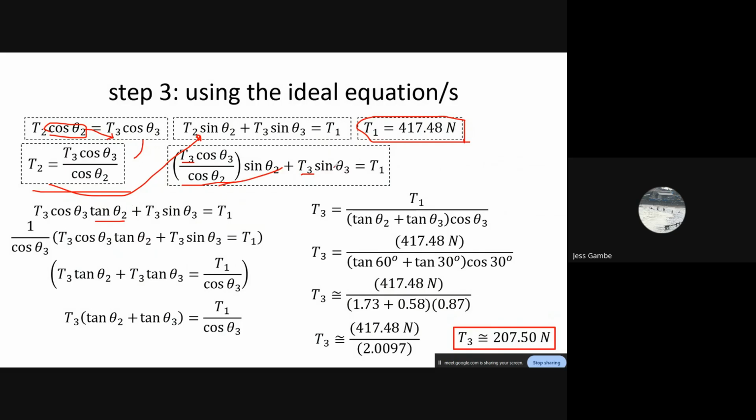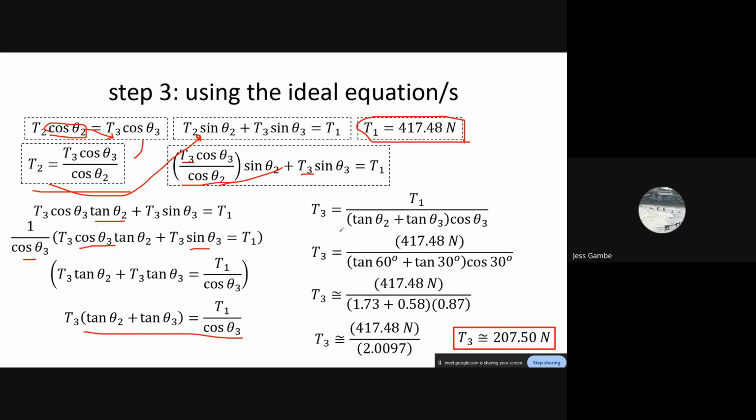This one is sine theta 3. Then we multiply by cosine theta 3, so that this is simplified to sine theta 3 divided by cosine theta 3, and this one will cancel out with this one. So tangent theta 2 or tangent theta 3. But this one, T1, is now T1 over cosine theta 3. So this is now the expression.